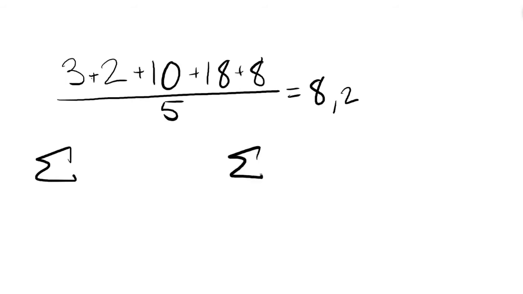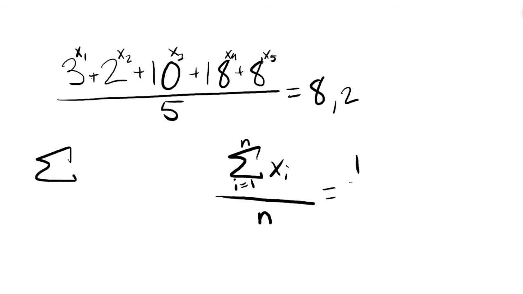So if we would write sum of xi, where i is just the annotation of which number we are looking at, and this i goes from 1 to n, where n is the number of observations or number of numbers we have. So in this case, this would be x1, this would be x2, x3, x4 and x5. And then we want to divide by the number of numbers, and that is our n. Just n.